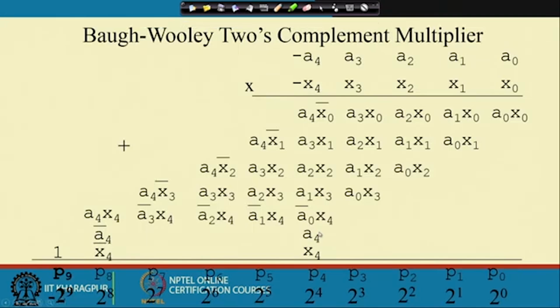Okay. But two extra multiples are coming, which are A4 and x4, because of considering the 2's complement number representation. That means I am increasing the depth here. Initially the depth was 5 here, but now it becomes 7.